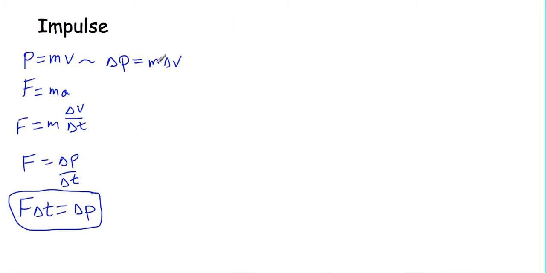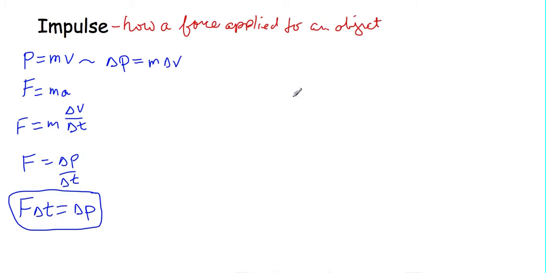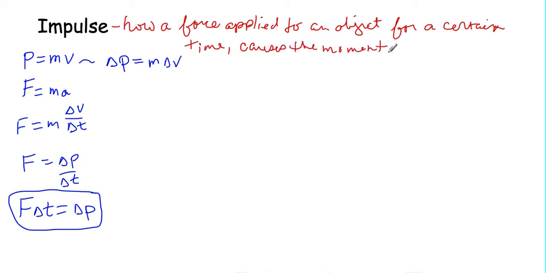So if I give a real basic definition of impulse, it's how a force applied to an object for a certain time causes the momentum to change. Force applied for a time, change in momentum.